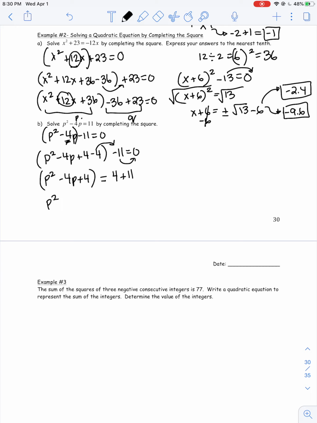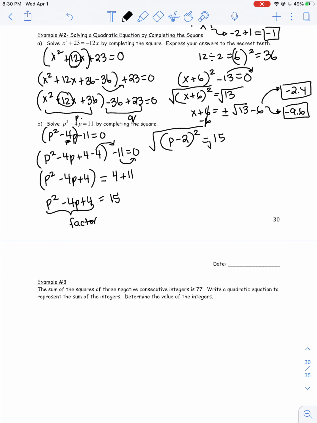That gives me p squared minus 4p plus 4, which is equal to positive 15. Next, we're going to factor this so we can get our x minus p squared form. So it'll be p minus 2, because it's half of that middle value, squared equals 15.